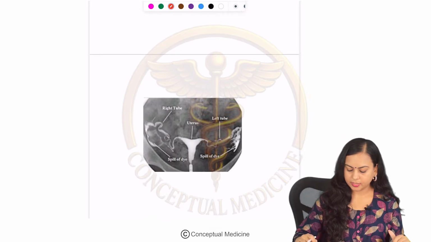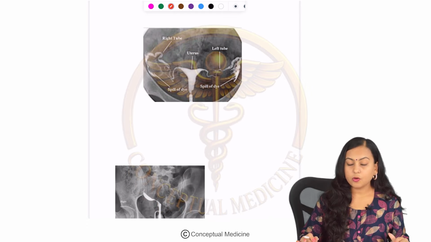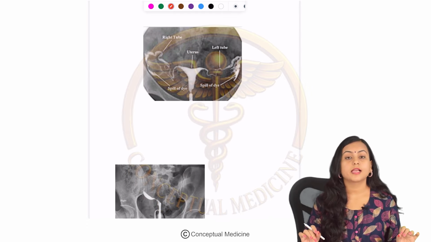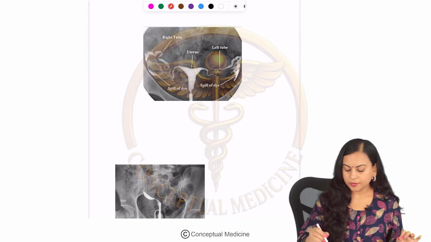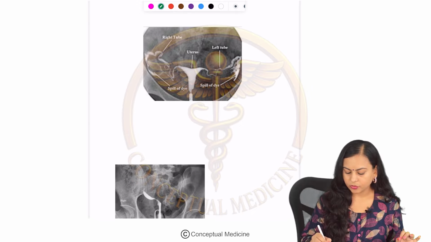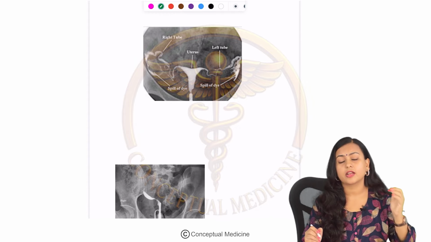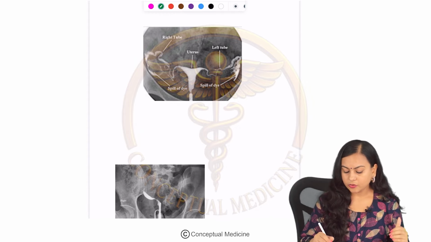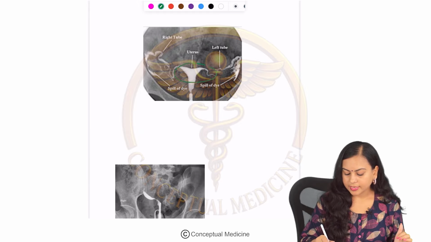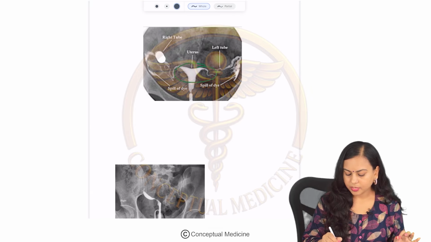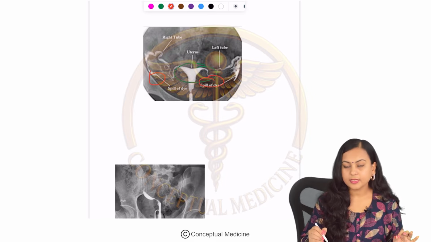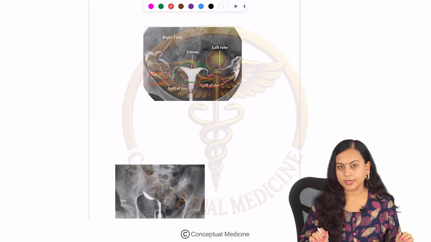Clear? Right. Now, when we do an HSG, that is a hysterosalpingogram image, you will find it like this. When you give a dye through the cannula, the cannula name is Leech-Wilkinson cannula, you will be able to find the normal shape of the uterus like this, and you will be able to see a spill coming from the right tube as well as the left tube, because I told you already the tubes are going to open into the peritoneal cavity, right?